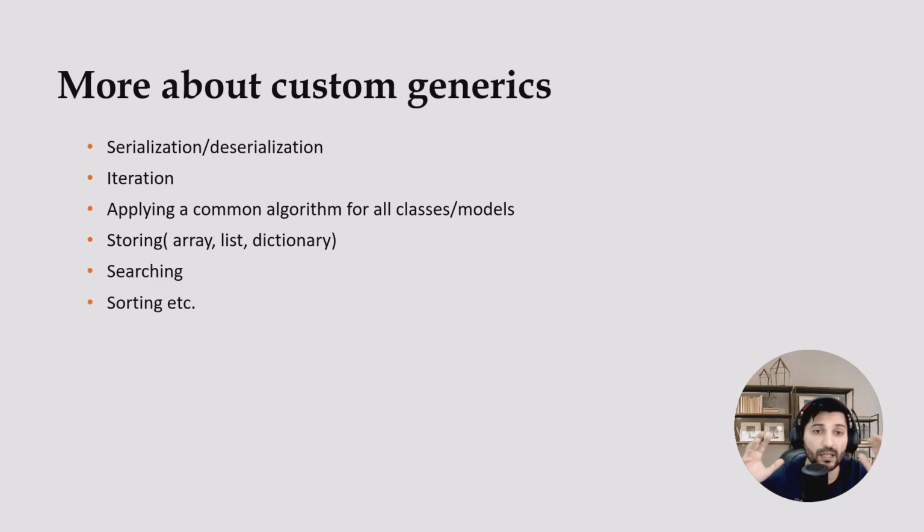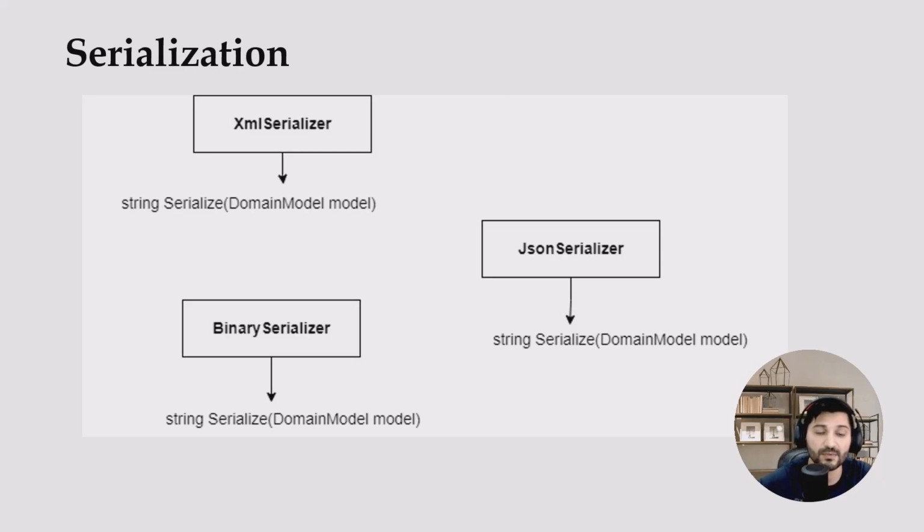There are a lot of quite interesting aspects of applying custom generics, and in this tutorial I will show you one more example related to custom generics, and it is going to be the serialization process. For the serialization, I have XML serializer, binary serializer, JSON serializer. For the first implementation, we'll go with the XML serializer, and next we will need the binary and JSON serializers.